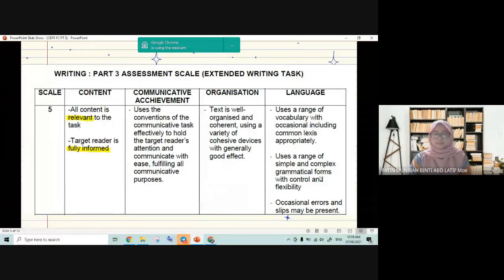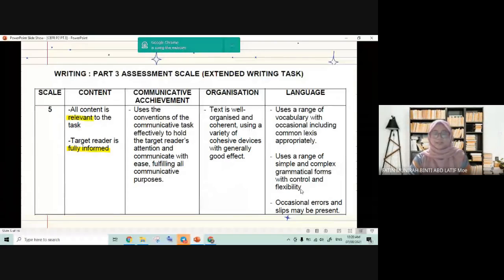Dia maksudnya awak boleh mold, awak boleh bentuk dia jadi berbagai jenis ayat, and with control and flexibility. Meaning, simple sentence kena betul, compound complex sentence kalau salah sikit pun tak apa. Awak takkan diturunkan markah. Yang penting simple sentence tu kena betul.